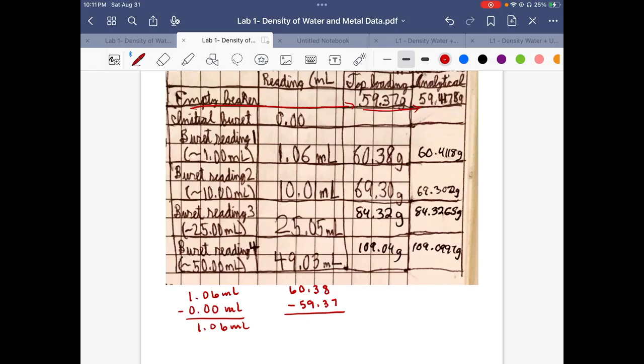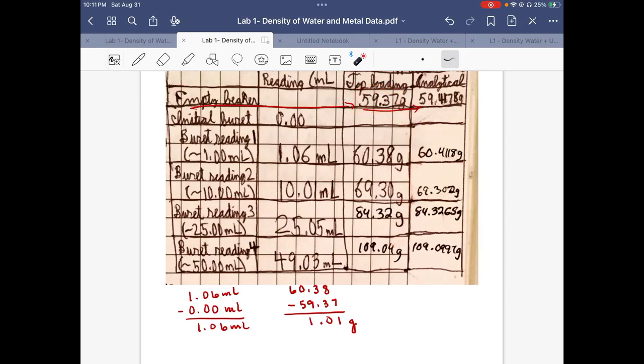When we subtract that, we end up with 1.01 grams. You're going to do the same for the analytical balance, where you subtract the empty beaker from the beaker plus water. And you're going to keep doing that, where you take the empty beaker and subtract it from the next one, take the empty beaker, subtract it from the next one, and that's what you're going to plug into that table.